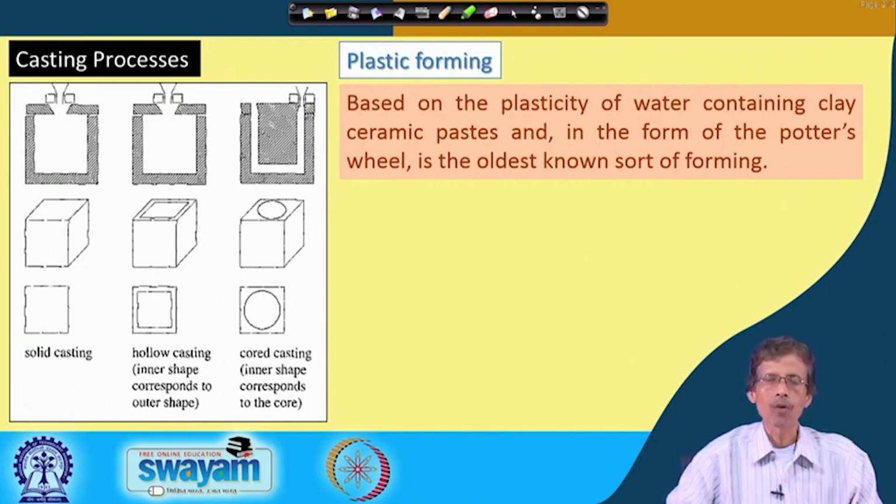The control of the addition of water, how much water we put, will dictate the quality of that paste. And based on that plasticity, because that particular paste can have a particular plasticity, we can monitor or measure the plasticity of that paste also.